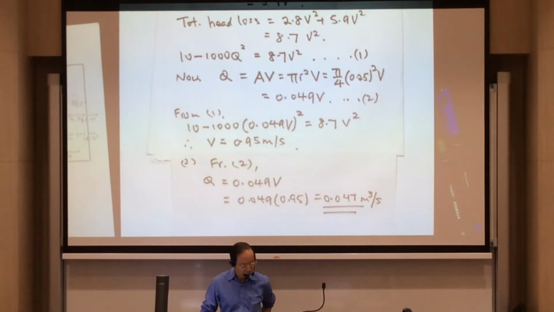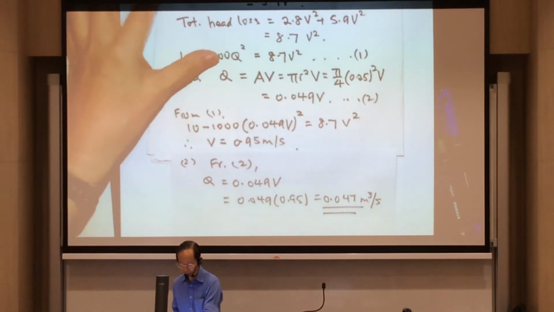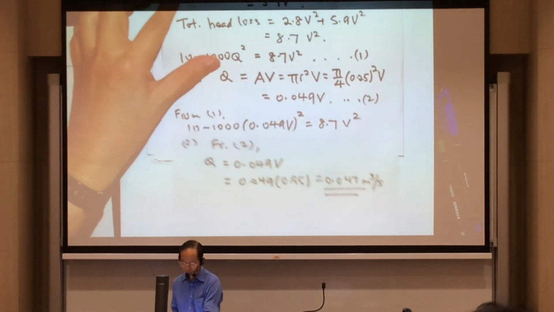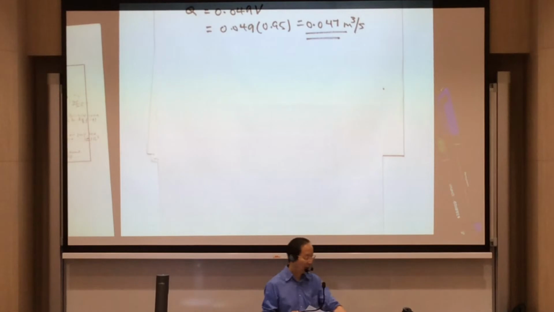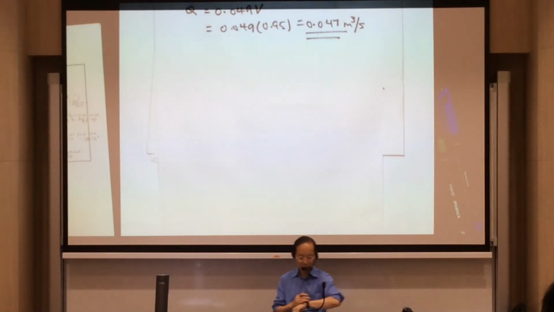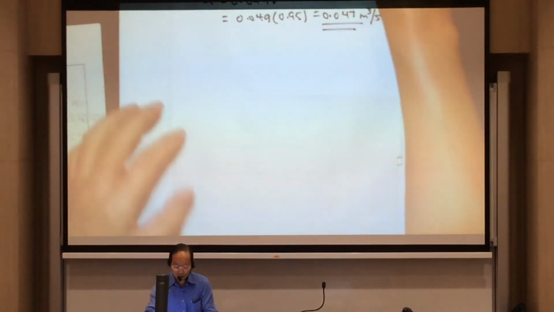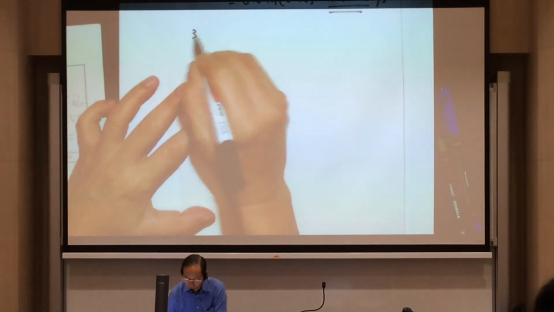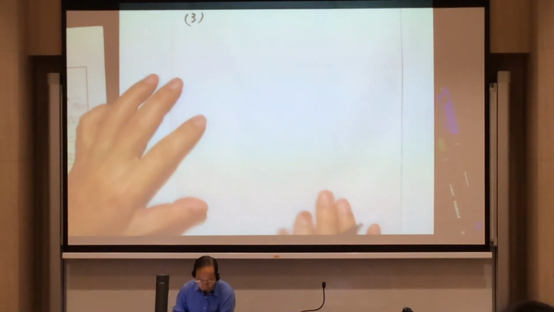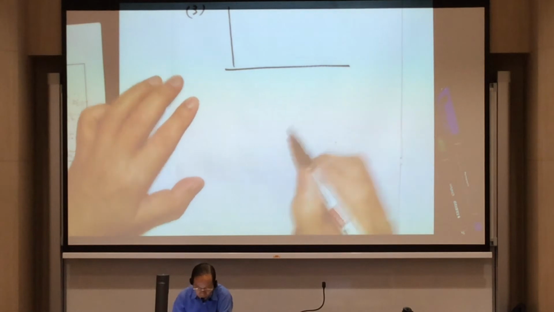Next, the pump characteristic. What do you think? How does the pump characteristic look like? You look at any typical book or any typical catalog on the pump characteristic. It is always drawn in this form.